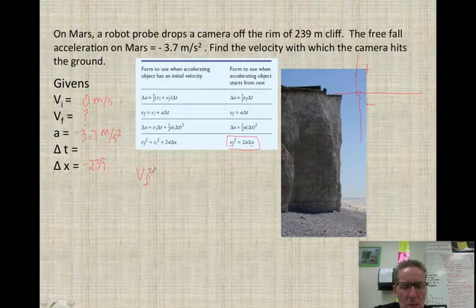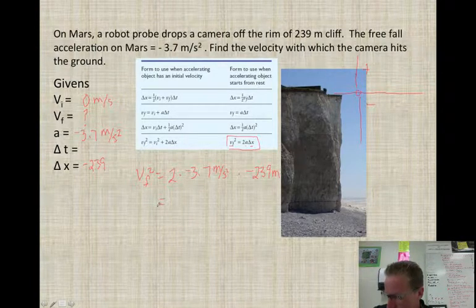So VF squared is going to be equal to 2 times negative 3.7 meters per second squared times our negative 239 meters.